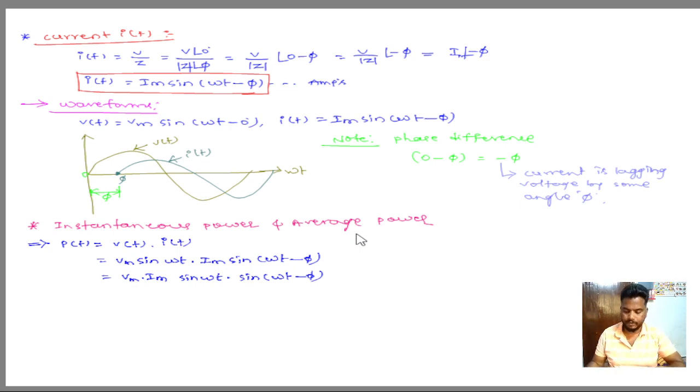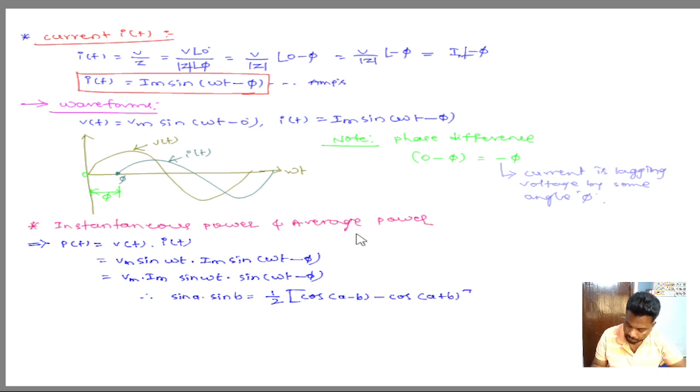We know that sin A sin B is equal to 1 by 2 cos of A minus B minus cos of A plus B. Remember this formula. Here A is omega t and B is omega t minus phi.